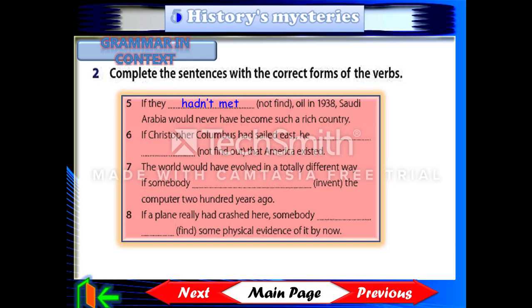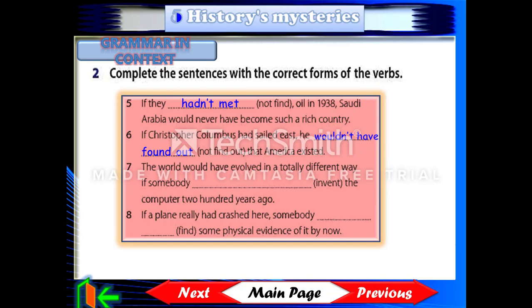Number 5. If they hadn't found oil in 1938, Saudi Arabia would never have become such a rich country. If Christopher Columbus had sailed east, he wouldn't have found out that America existed.